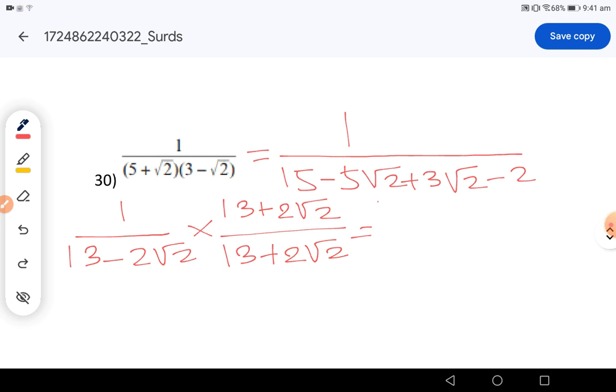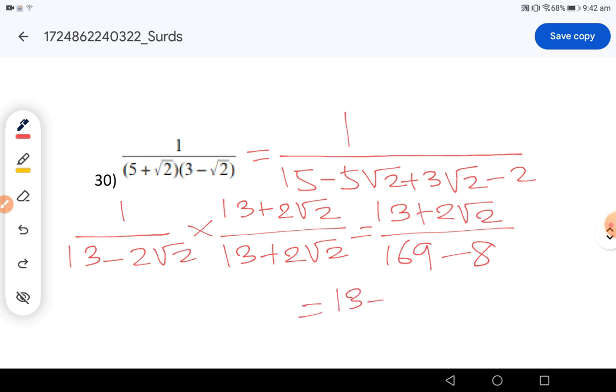So here is 13 plus 2 root 2 by 13 squared, 169, and 2 times 2, 4, 4 times 2, 8, minus 8. So 13 plus 2 root 2 by 161.